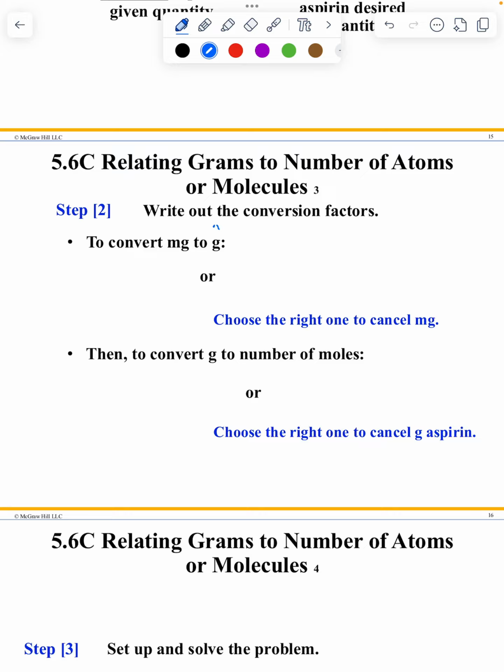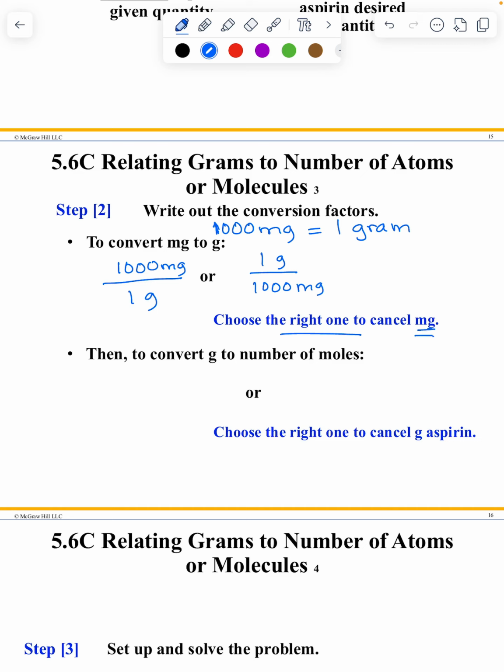And so again, we can write conversion factors, 1,000 milligrams over 1 gram, or 1 gram over 1,000 milligrams. We want to choose the correct conversion factor that allows us to cancel milligrams, which means milligrams needs to be on the bottom. So I would choose this conversion factor.